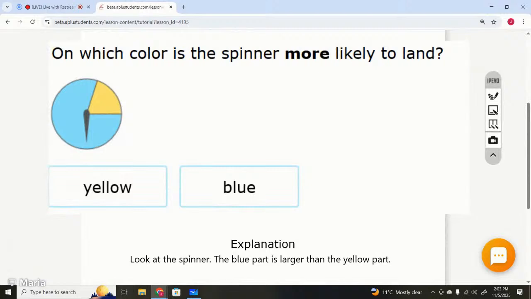Most of the portion of the spinner is blue and the smaller portion is yellow. The one that has the more portion is the one where the spinner is more likely to land.